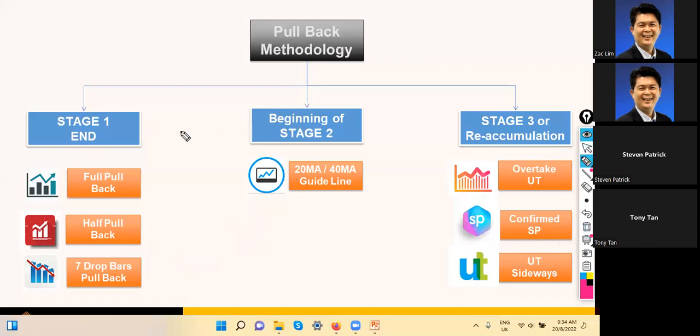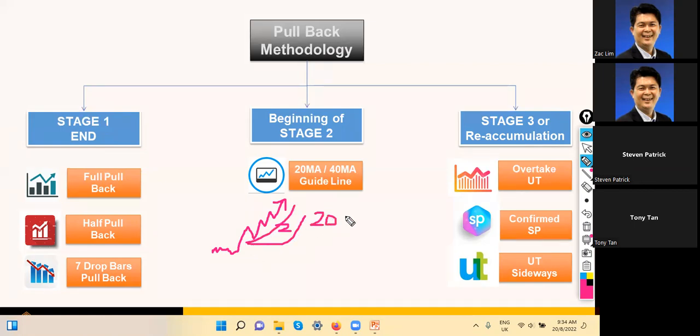one of it. Okay, after that, when the stock already breaks up and you have already started pullback, then there will be a stage 2. Okay, so when you are in stage 2, then all the pattern setup should follow the 20 moving average line.